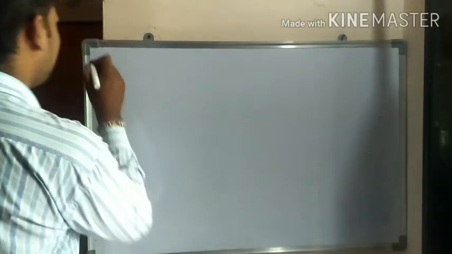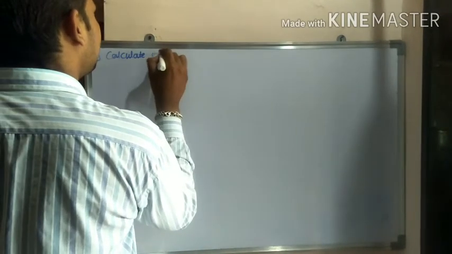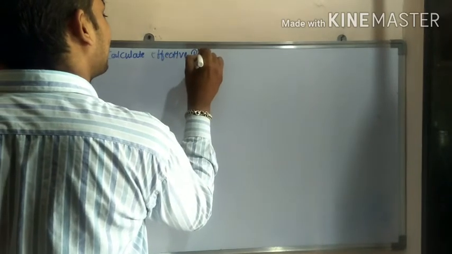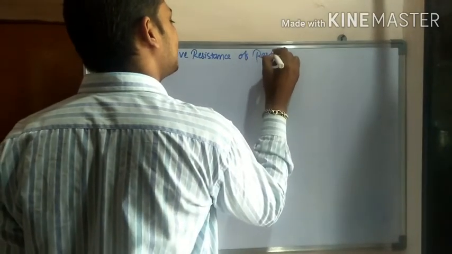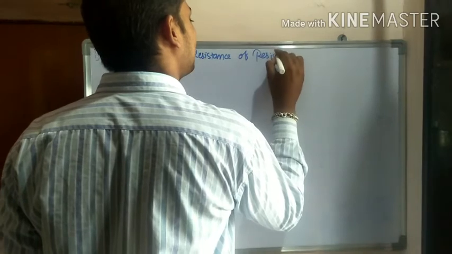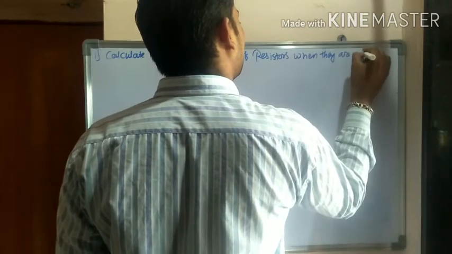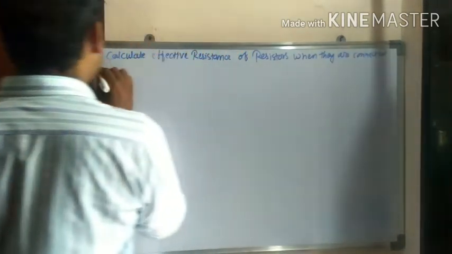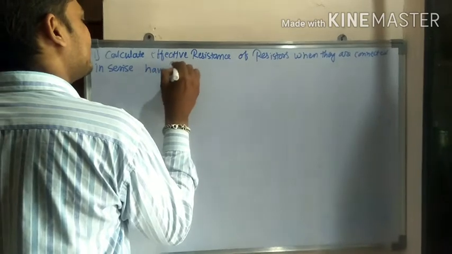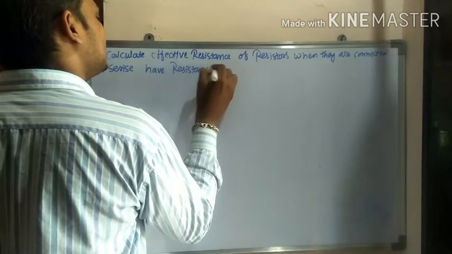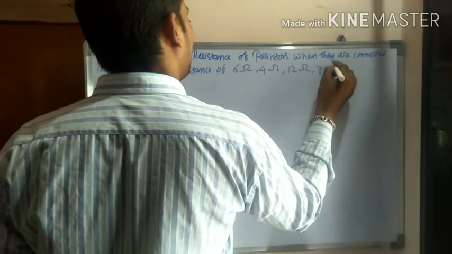So first numerical I am going to take, that is: calculate effective resistance of resistors when they are connected in series having resistance of 6 ohm, 4 ohm, 12 ohm and 8 ohm?